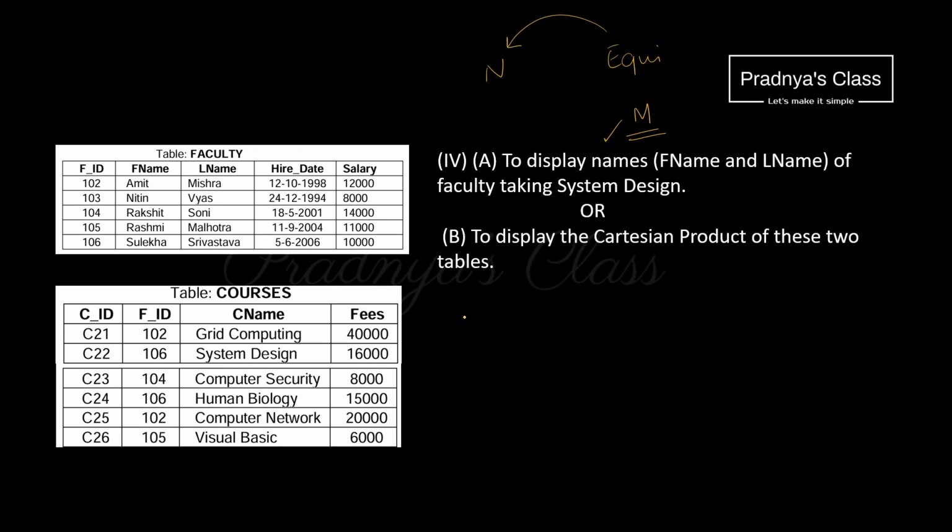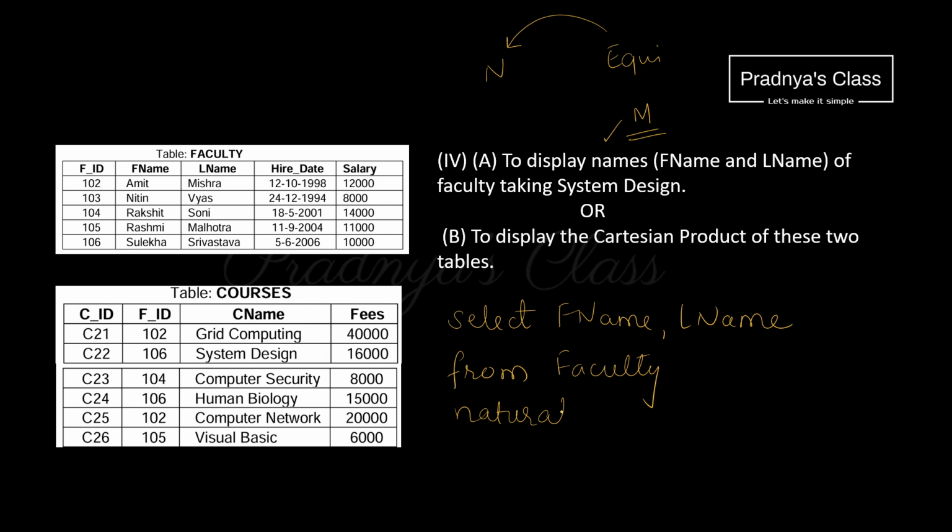So let's write the query. We need to display L name as well as F name, so select F name, comma, L name. First we will mention the name of the first table, that is from faculty. I am doing the natural join, so I am writing natural join, the name of the second table, that is nothing but courses. Now it's time to check the criteria for getting the records from both the tables.